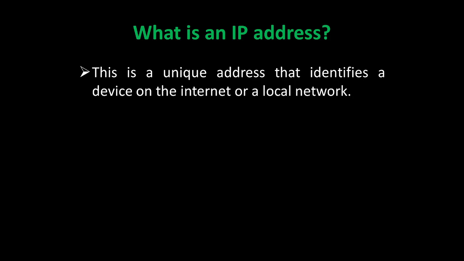And so that is basically our interest today. We want to look at that particular address that is assigned to each particular device. It could be a switch, a router, a hub. Any networking device must have its own unique identity that cannot be shared on the network.